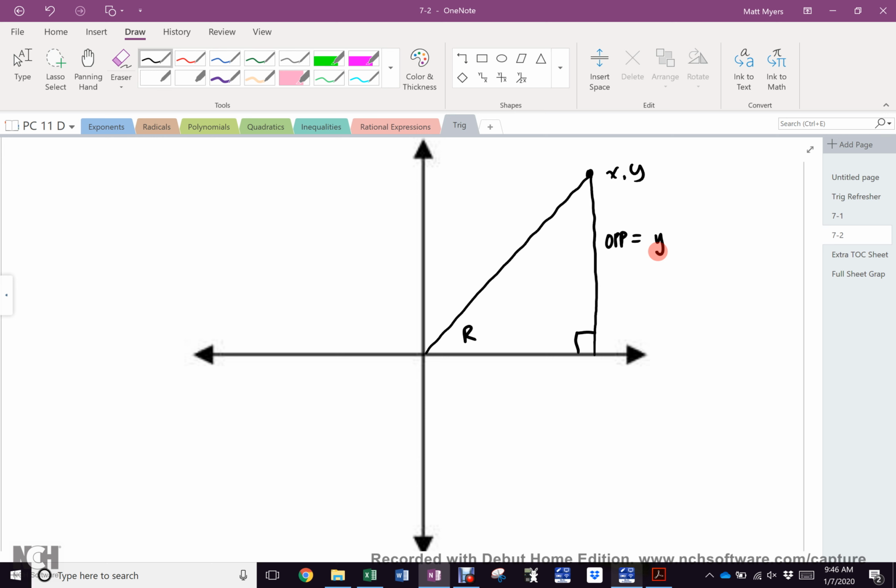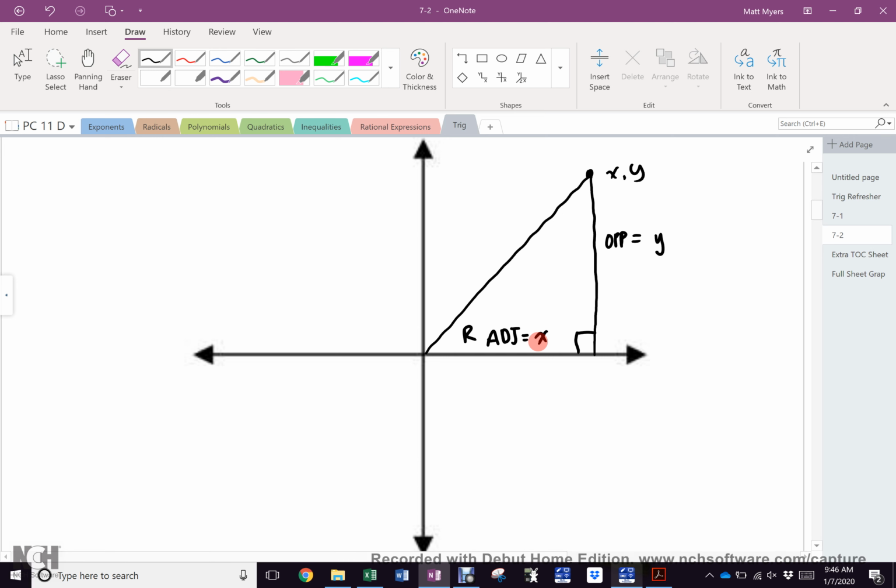Adjacent over hypotenuse. Agreed? Okay. Where's that? It would be right here. Oops, I'm going to put it inside the triangle. Adjacent. And how far did we go this way? X. Everybody cool? Everybody good?